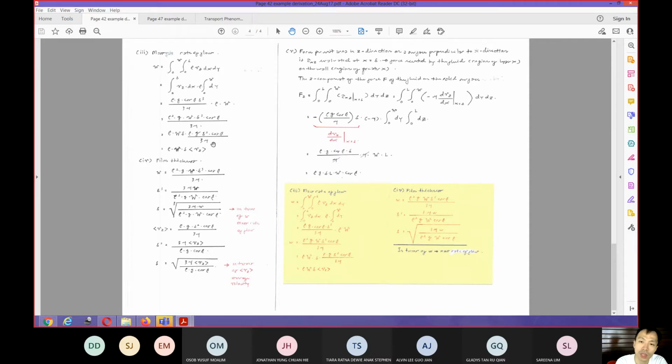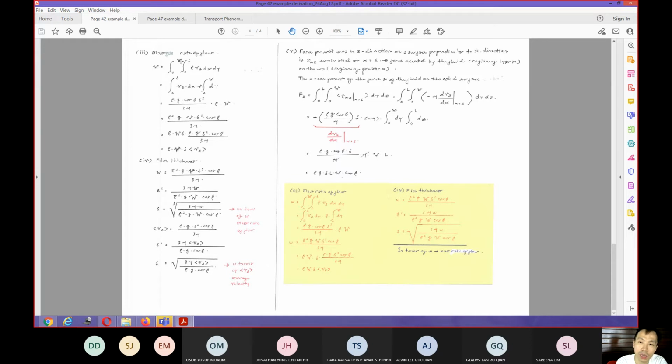Okay, and then you can do some mathematical manipulations to express this mass rate of flow in terms of the average velocity. Okay, I make another note in here because you have two different W's.